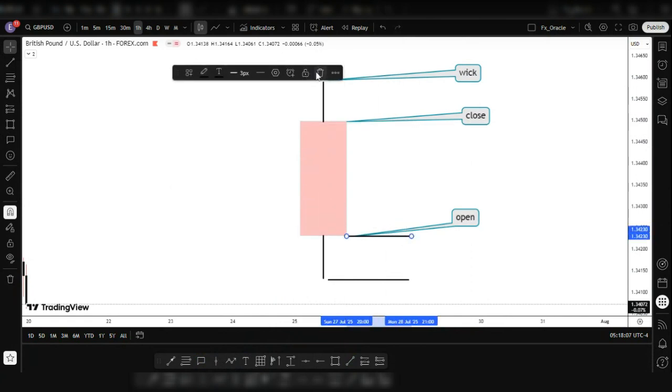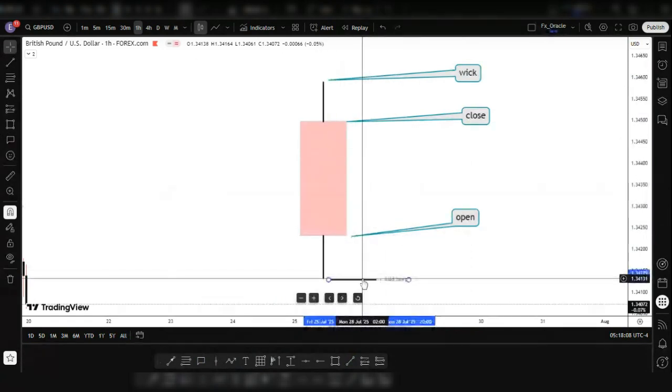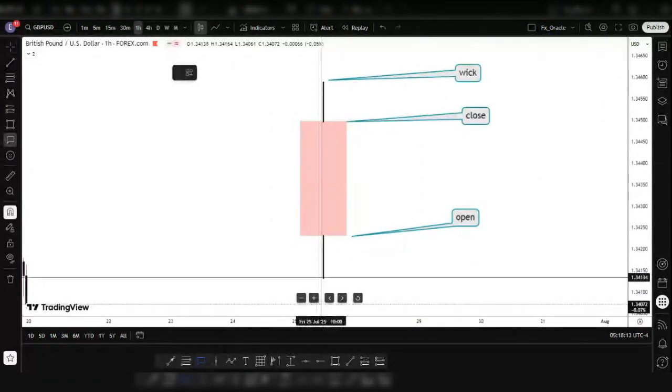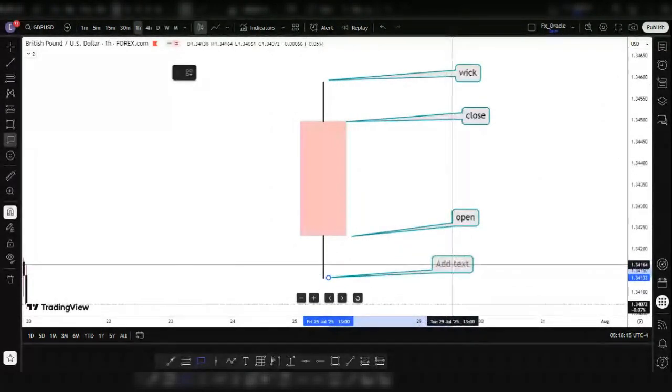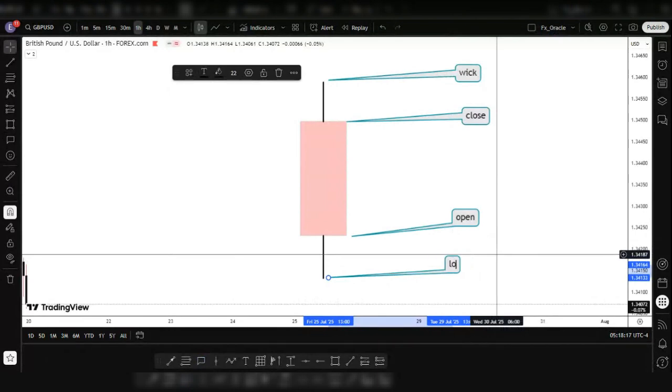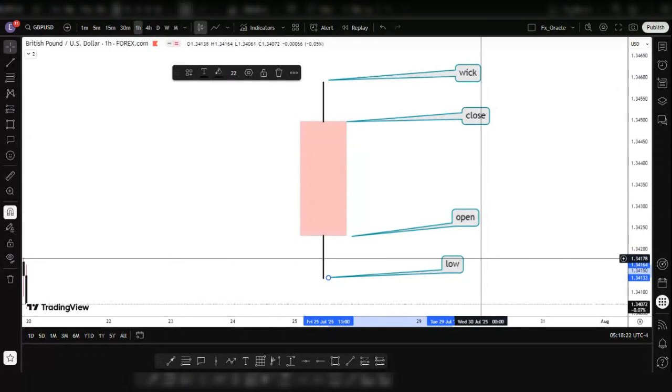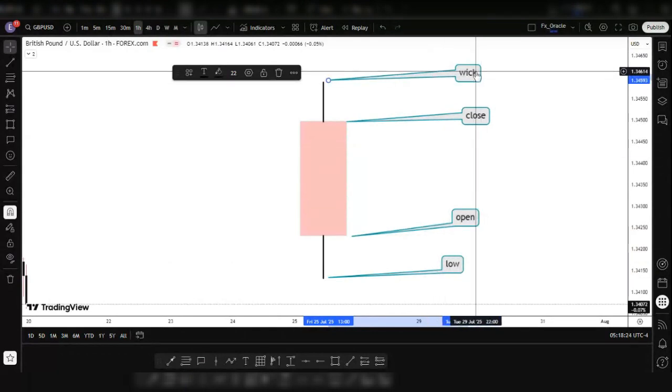Since the candle opened from the low and started going to the upside and started buying, this candle is now called a bullish candle. This will be the high. So let's make this high.